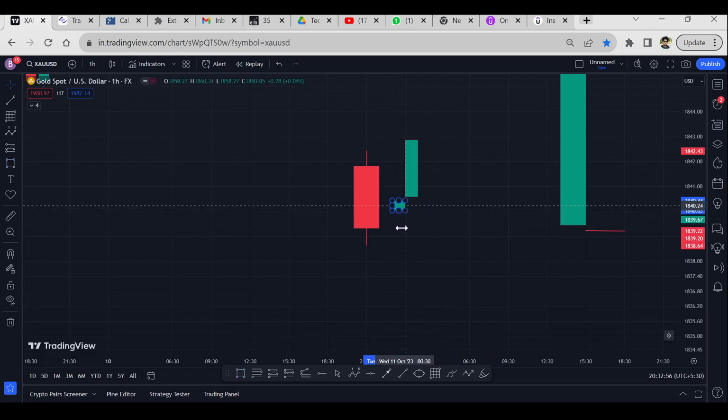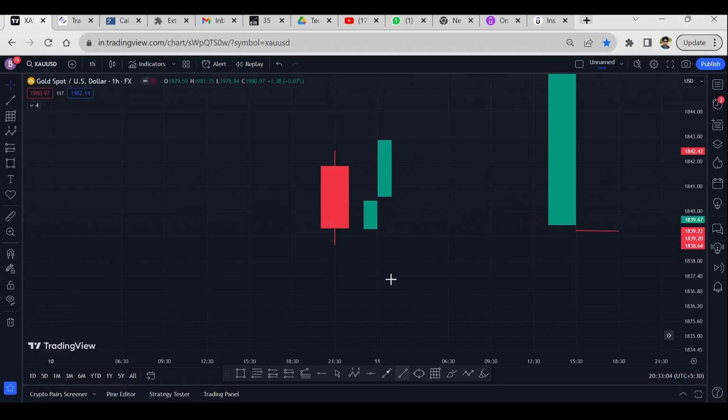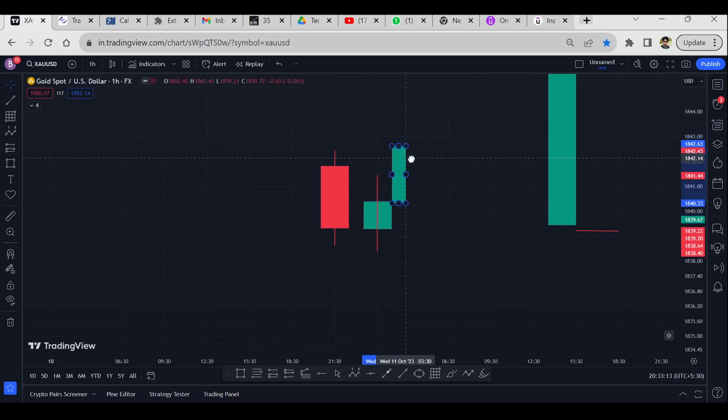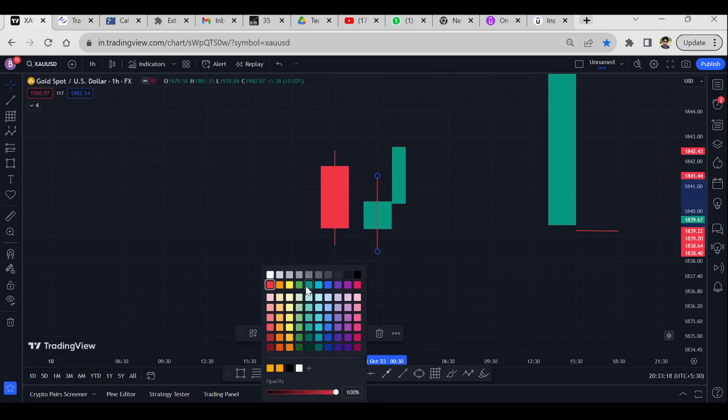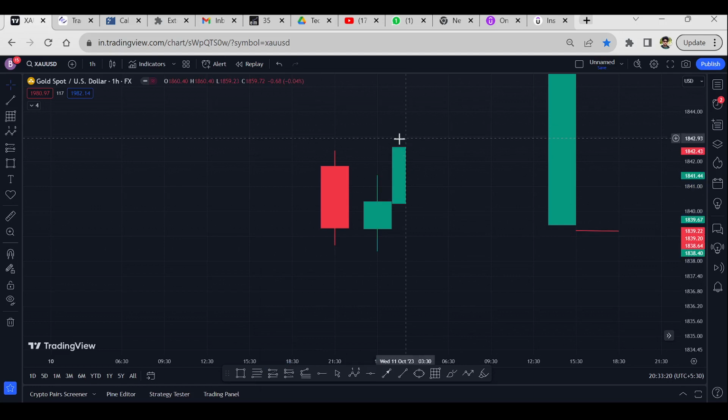Suppose a candle moved and created a body like this. It might have wicks like this. Let me move this candle here. Let's assume like this. So this is also an engulfing pattern. Once the high of the candle is taken away, we will consider it an engulfing pattern.